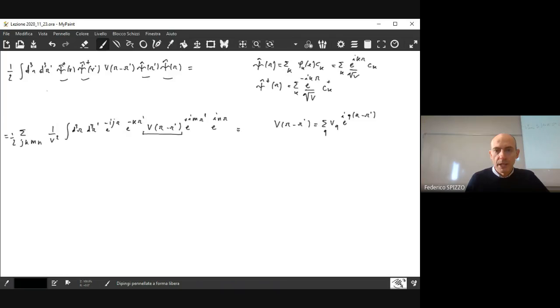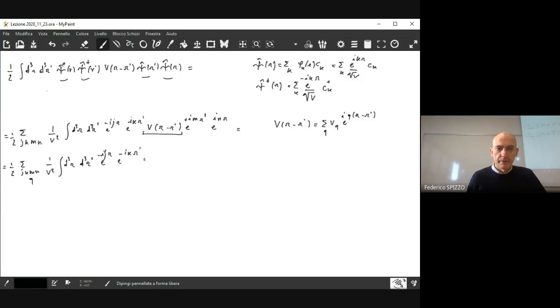So at this point, we need to have 5 summations over the wave vector. So we have the sum over j, k, m, n, and q, 1 divided by the square of the volume, the 2 integrals d3r, d3r prime, e to the minus I, j, r, e to the minus, sorry, I forgot the imaginary unit here, I, k, r prime.